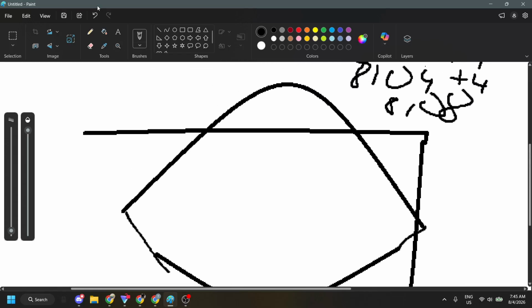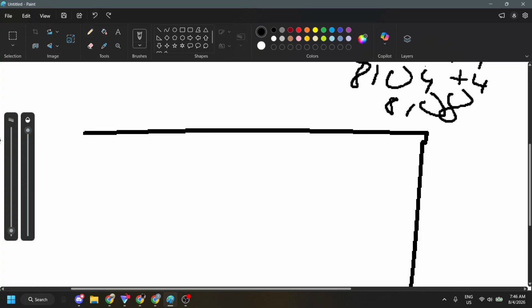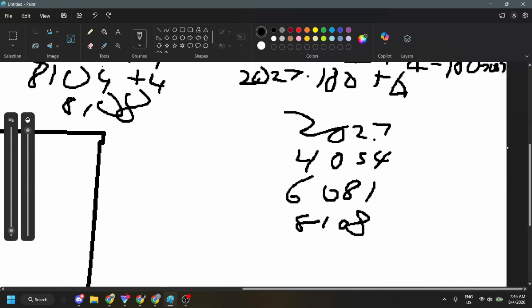So that's just 4 sides, or that's just 2 times 2026 plus, it's just this.